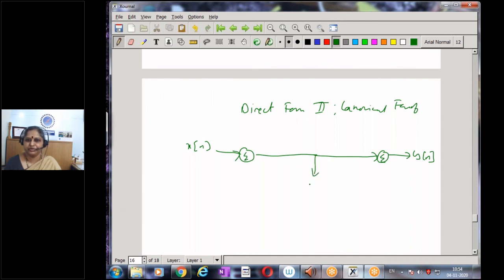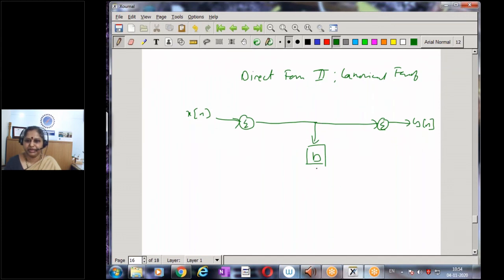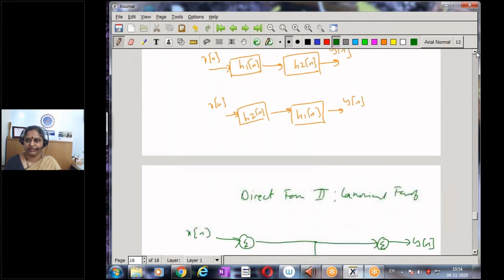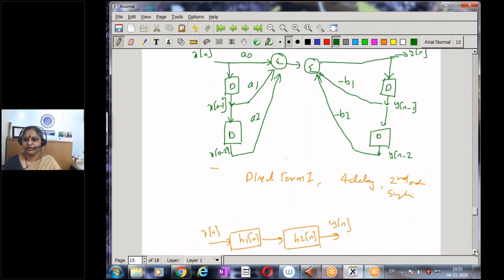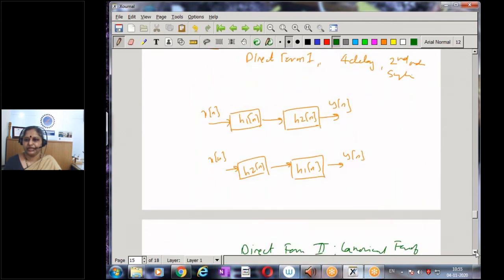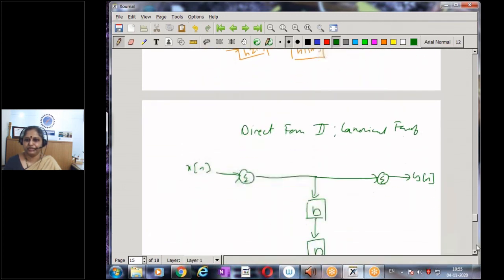But instead of having two blocks with delay elements running in parallel, if I look at my direct form 1 realization and take this block and put it here, I'm going to have two parallel streams of delay, both doing a 1-unit delay. So instead of two parallel streams, I can merge them into a single stream, and then I get a single stream of delay elements.